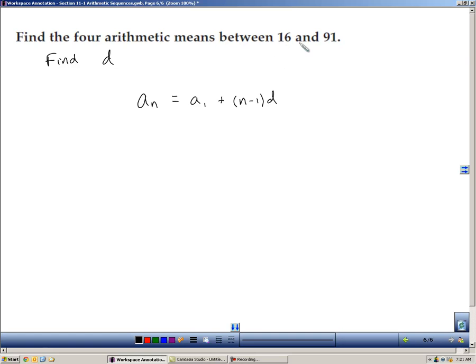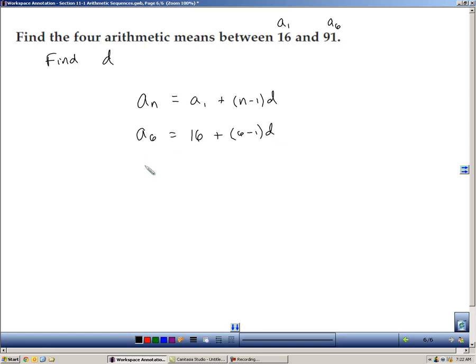Well, if I want to find 4 values between 16 and 91, that means this one would have to be my first term, a sub 1, and this one would have to be my 6th term because there's 4 between. So I'm going to say that a sub 6, because I know what the 6th term is, I know it's 91, so a sub 6 equals a sub 1, which is 16, plus my n, which is 6, times d.